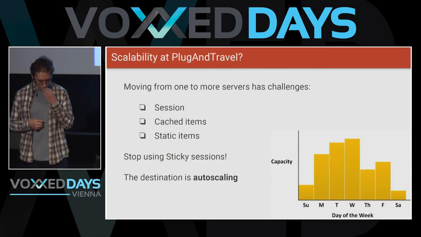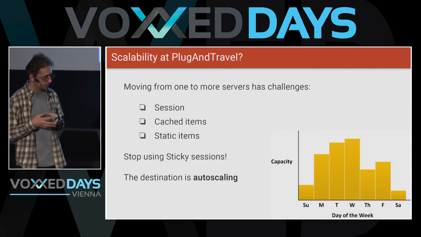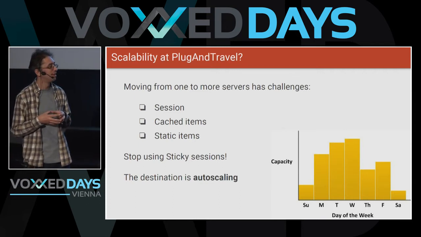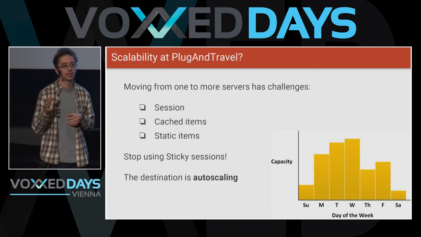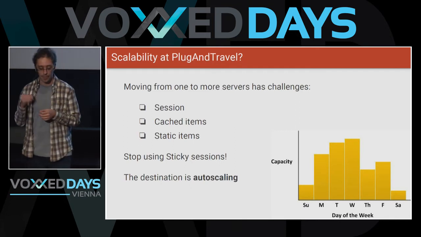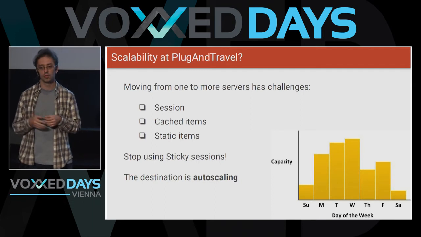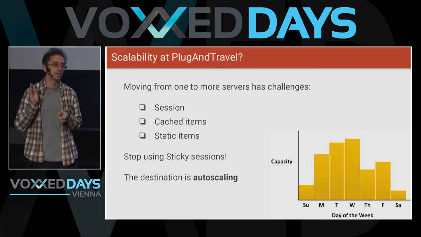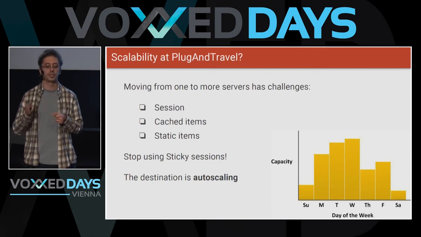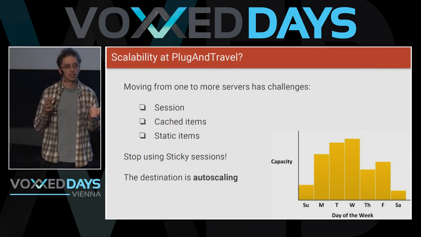Now, maybe 10 years ago, you'd solve all this by using sticky sessions. So you put a cookie on the load balancer, and this way the load balancer knows that you ended up on server number 1, and it will keep redirecting you to server number 1. So problem solved.